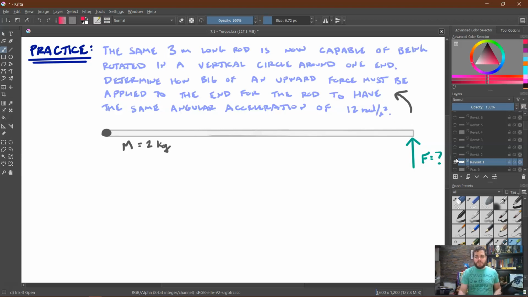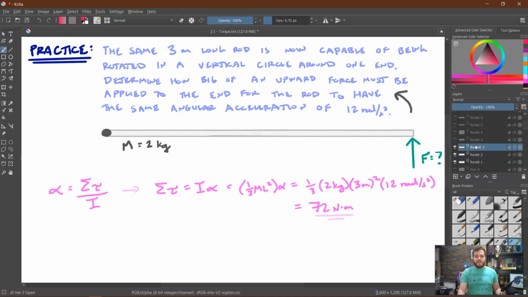I'm just going to once again use Newton's second law for rotation, where alpha is equal to net torque over I, and I'm going to rearrange it because I want the net torque, which is equal to the rotational inertia times the angular acceleration. I already know the angular acceleration, and I can figure out I, the rotational inertia, by looking back at my table. It's no longer 1/12, now it is 1/3, because it is from one end rather than through the middle. I plug all those numbers in, and I get a positive torque of 72 newton meters.